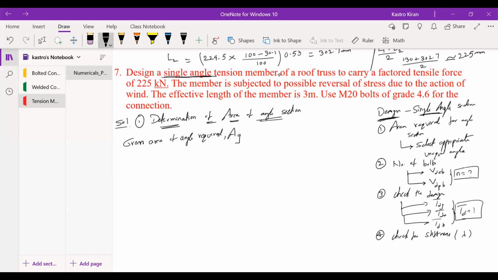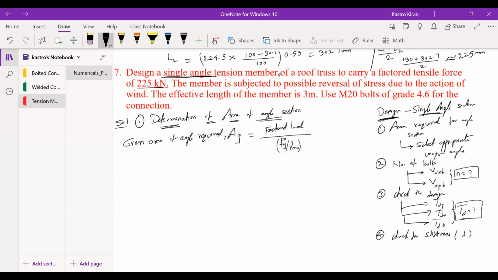So we are just finding out what is the area that might be required for the connection in order to carry 225 kilonewtons of load. So the gross area of angle required, that is AG, is given as factored load upon Fy by gamma m0.